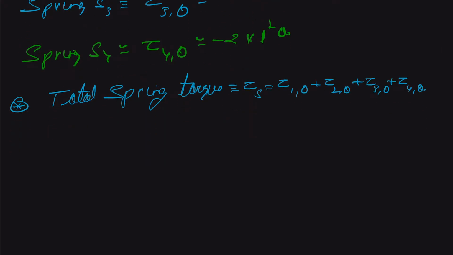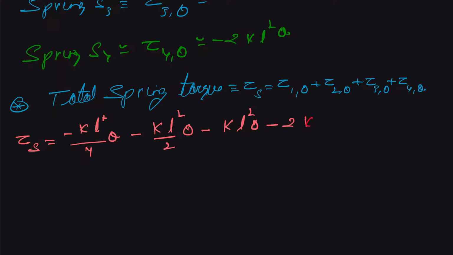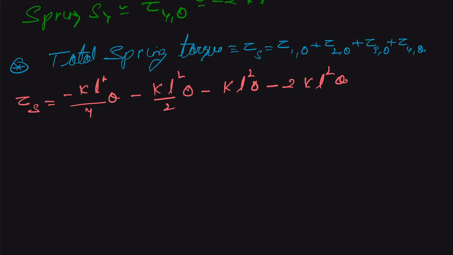We substitute the values, we get this as minus k L square by 4 times theta, minus k L square by 2 times theta, minus k L square theta, minus 2k L square theta, and this gives us the tau of spring will be equal to minus 15 k L square by 4 times theta.